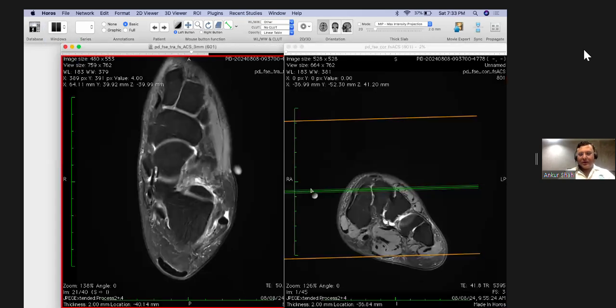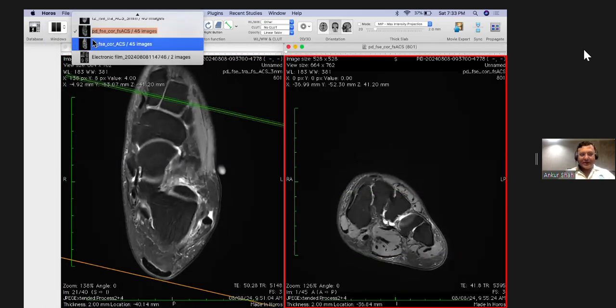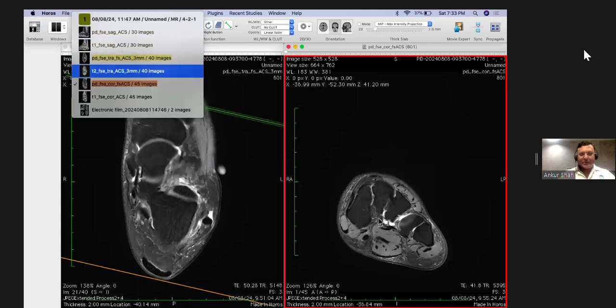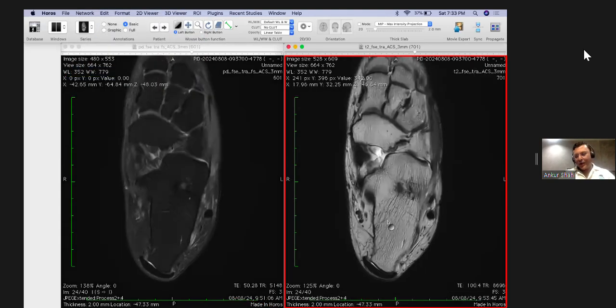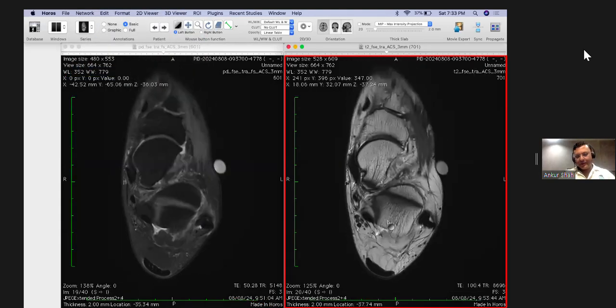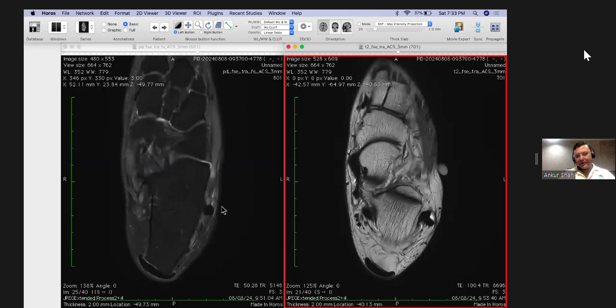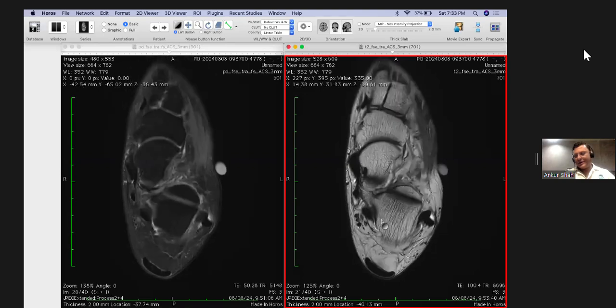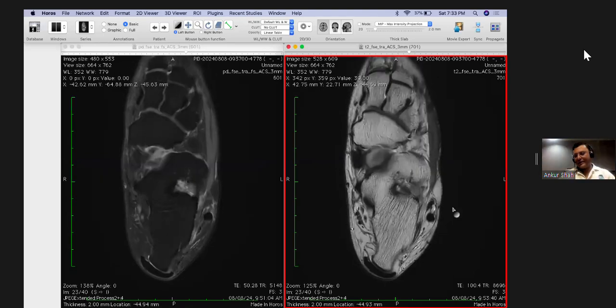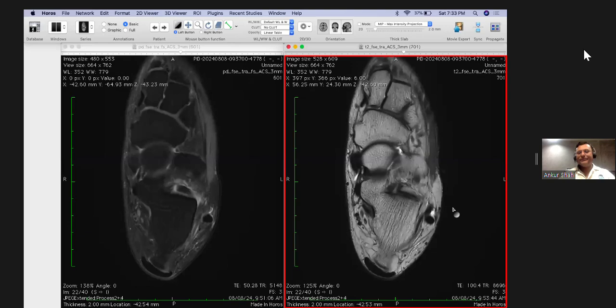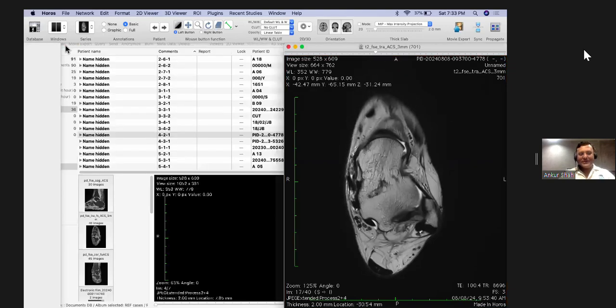But when you look at the other sequence, that is the T2 weighted images, those areas of hyperintensity completely disappear. So on this, it looks like a hyperintense tendon. On T2 weighted, you can clearly see there is no abnormal hyperintensity in the tendon, and it is a homogeneous tendon. That is because of the magic angle phenomenon.